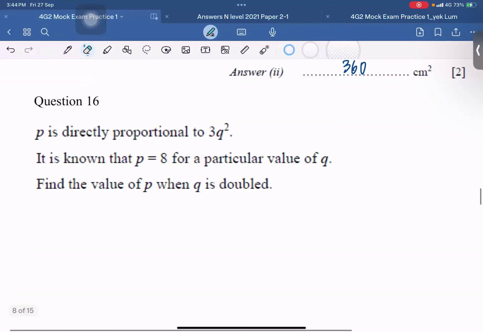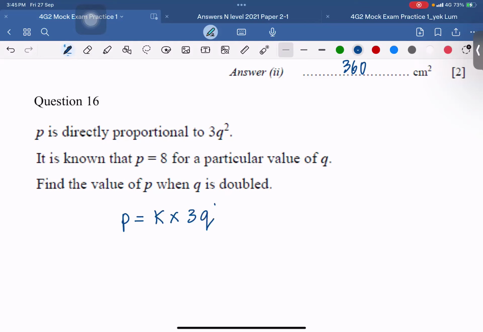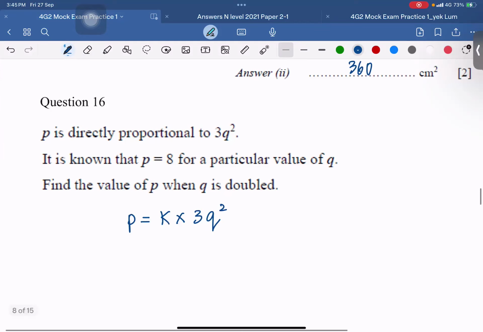Question number 16. Nobody asked me for question 16. Okay, but question number 16. P is directly proportional to K times 3Q squared. This one, you got to be a bit careful. The number 3 does not have a square. The one that has a square is the Q. So Q is the only one that has a square over here.